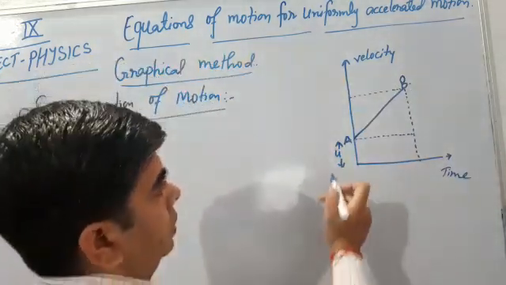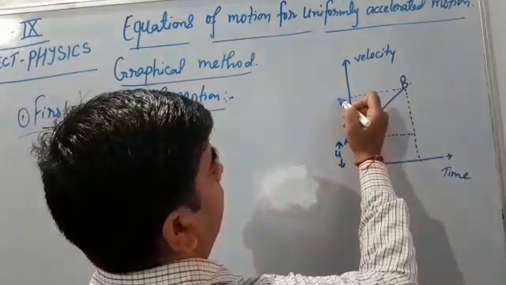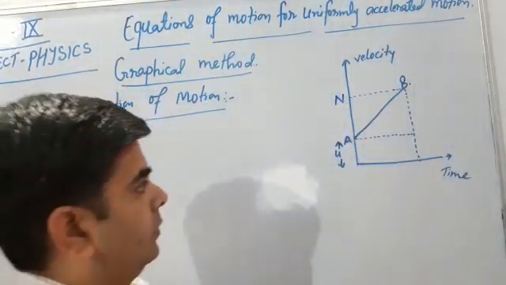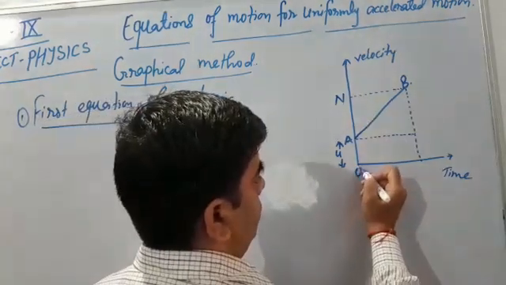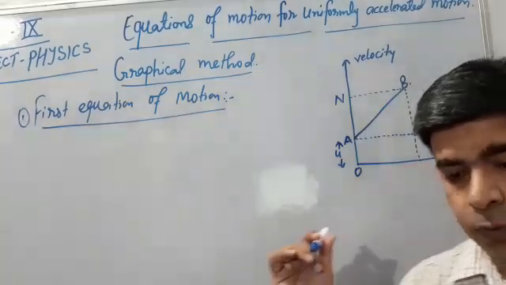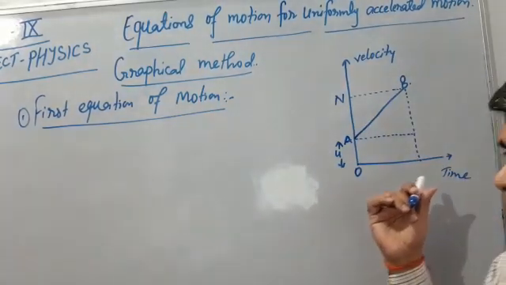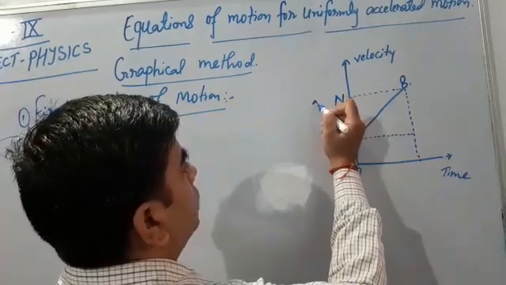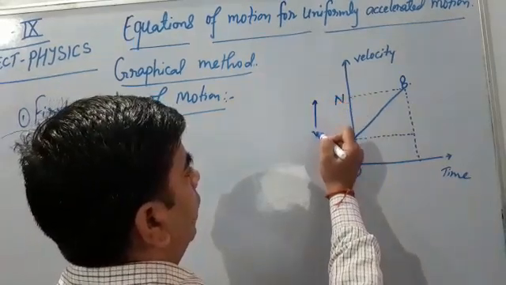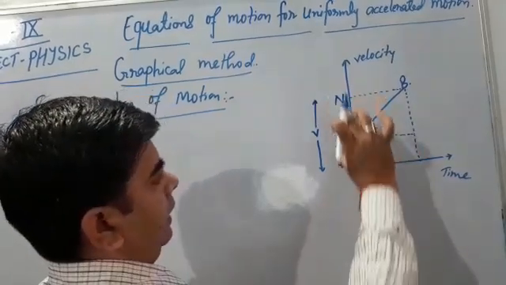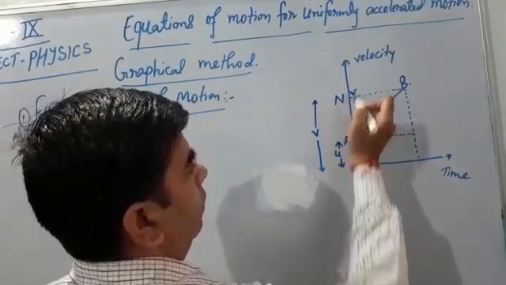Now, suppose this position is the origin, then the total velocity from this to this position is V.